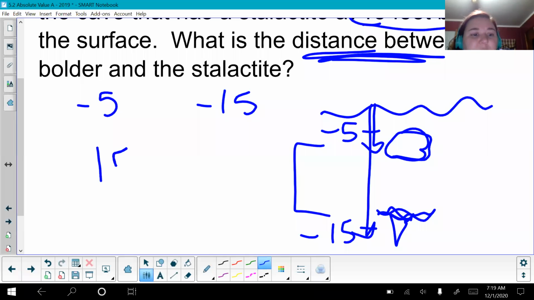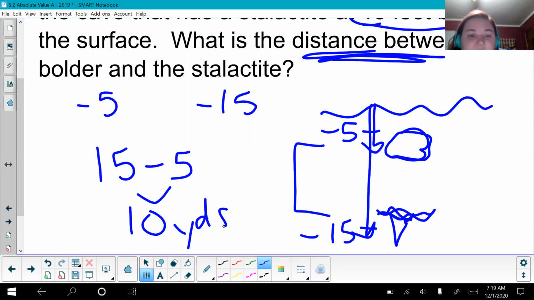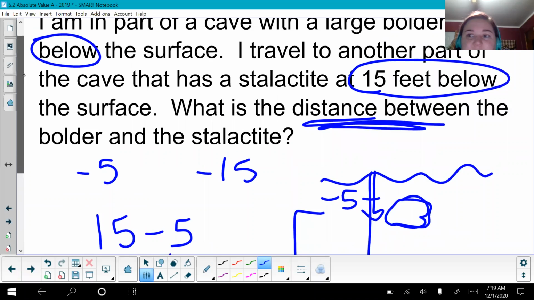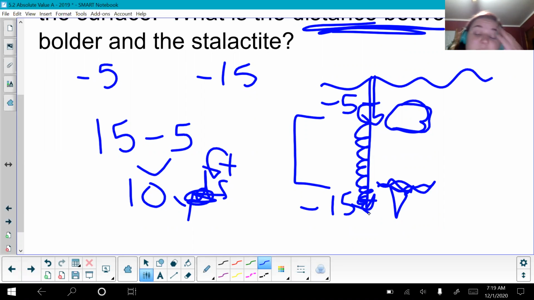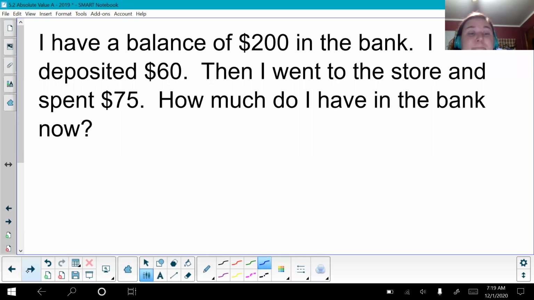You're right. 15 minus 5, we would have 10. Oh, sorry, excuse me, 10 feet below the surface. So that's how many spaces, because it would be -5, -6, -7, -8, -9, -10, -11, -12, -13, -14, -15. But anyways, best strategy here is draw a picture. Draw a picture. Okay.